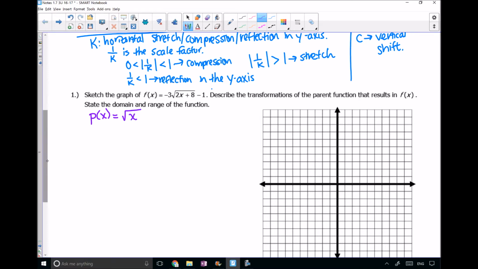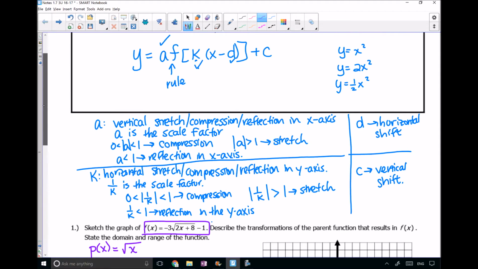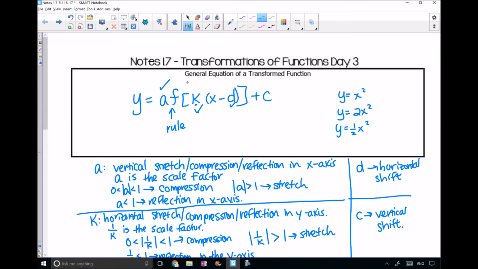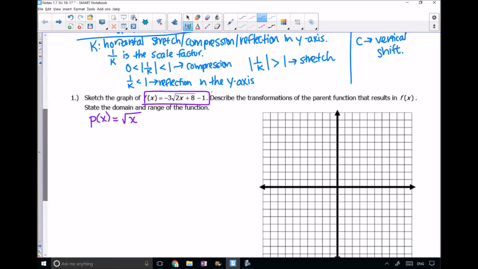Okay? Next thing I'm going to do is get this in the format of the general equation of a transformed function, which is y equals a times f of k times x minus d, plus c. I'm going to look at this function right here and figure out what it's saying.